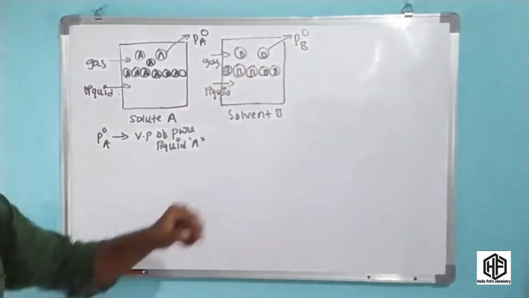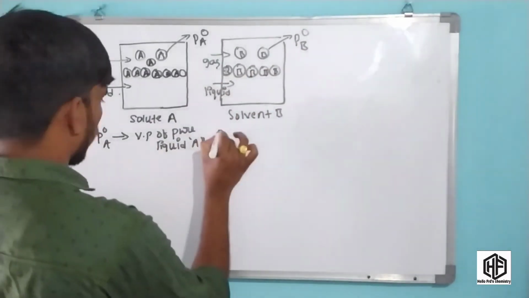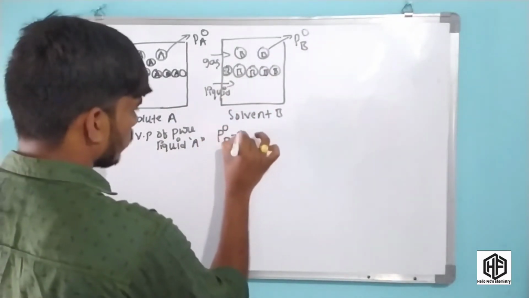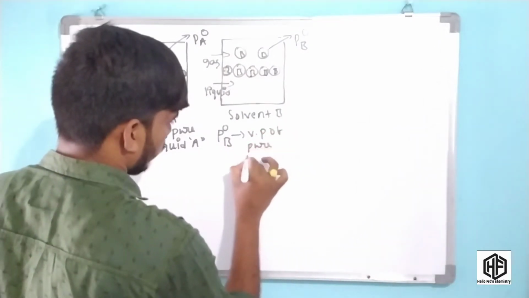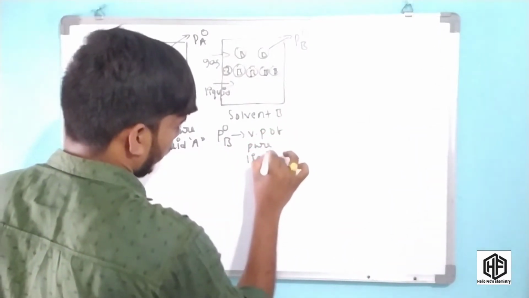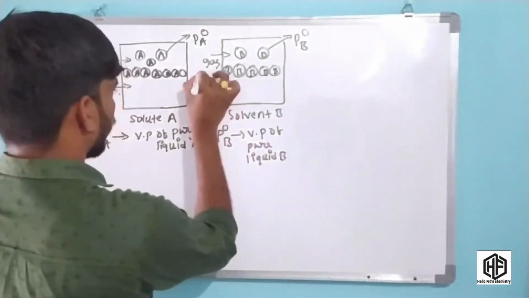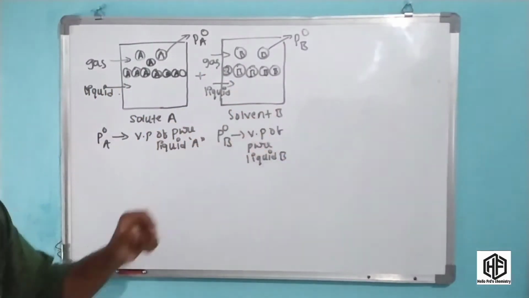This PB0 is called the vapor pressure of pure liquid B. This is the solute and this is the solvent.